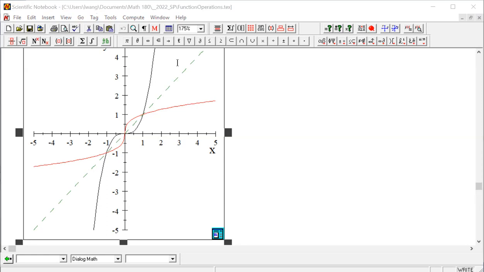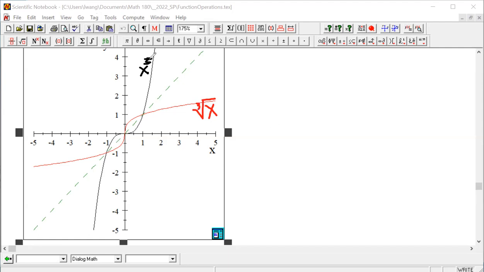Just to make sure you understand what I'm talking about, this one is x raised to the power 3, and this other one is the cube root.